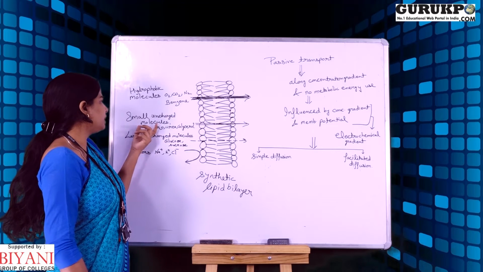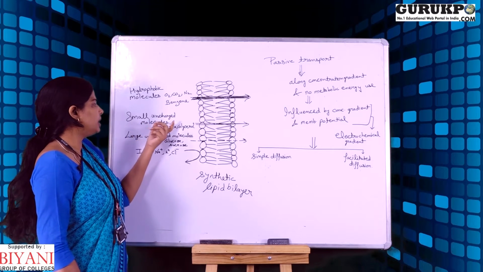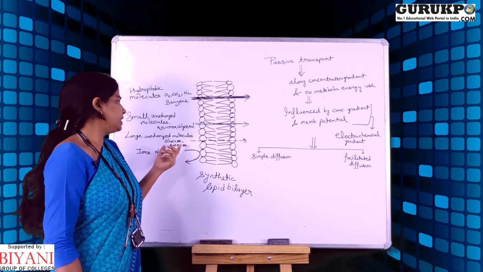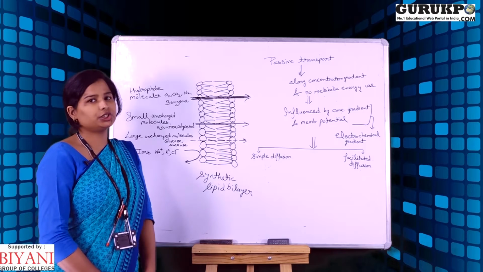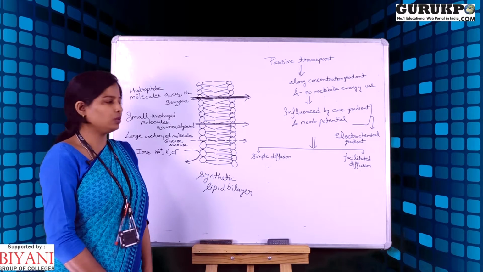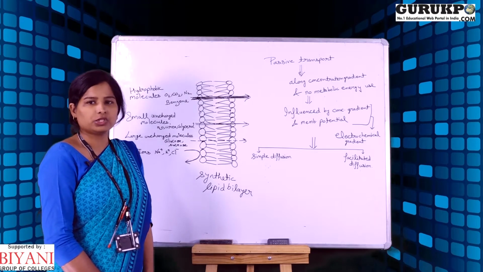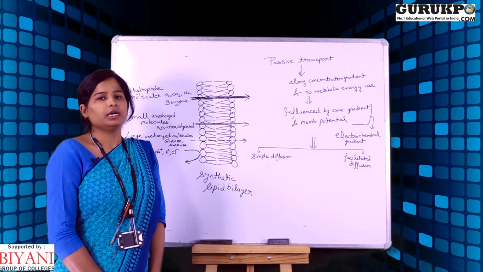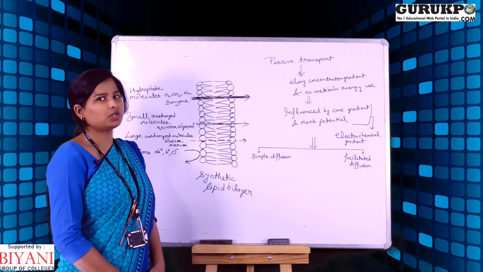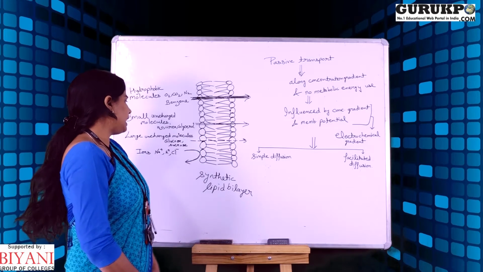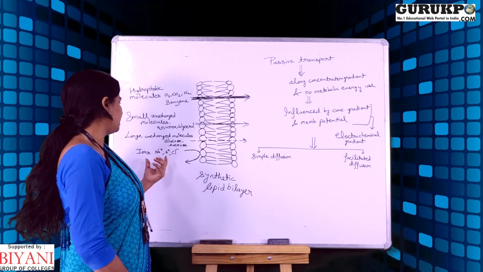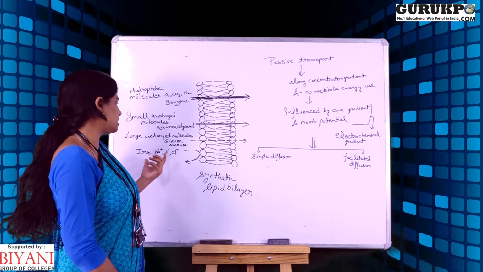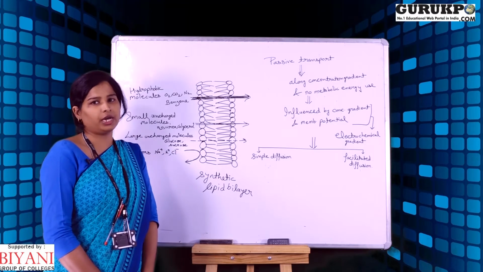It also permits the passage of small uncharged molecules like H2O, urea, glycerol, etc. But large uncharged molecules, for example glucose and sucrose, also move across the synthetic lipid bilayer, but the movement is very slow. The synthetic lipid bilayer does not allow the passage of ions like sodium, potassium and chloride ions.